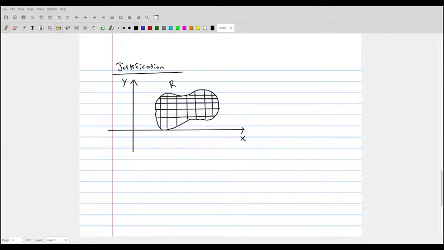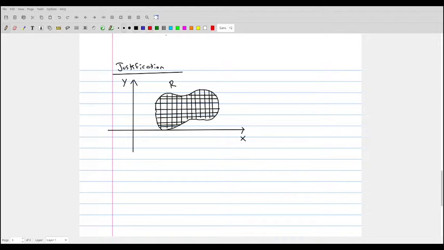And we take the limit of this process as these pieces get smaller and smaller, so we have finer and finer cuts in the partition. This is how we defined previously exactly what the double integral is for a function of two variables. So we're taking this limiting process all the way down as these pieces get smaller and smaller.